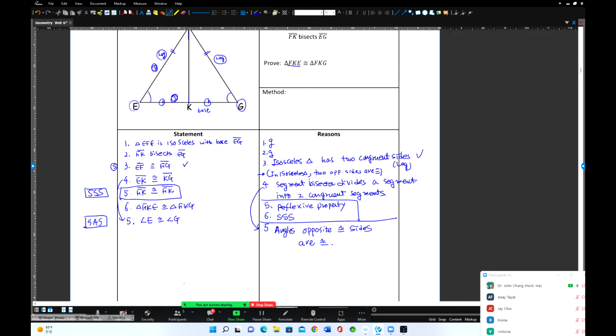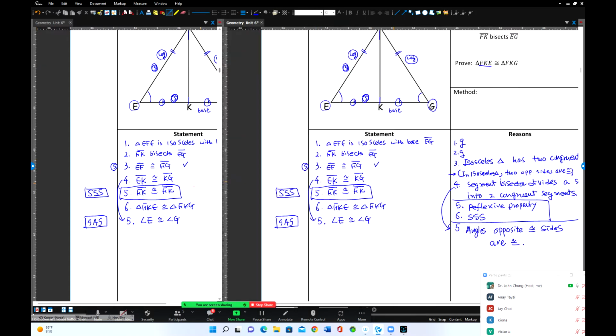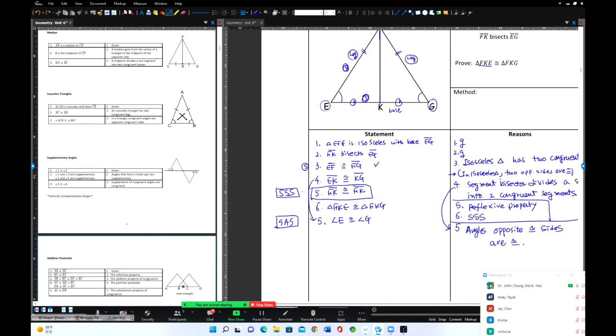I'm going to show you this. Can you see it over here? Isosceles triangle, angle ACB, angle ABC.